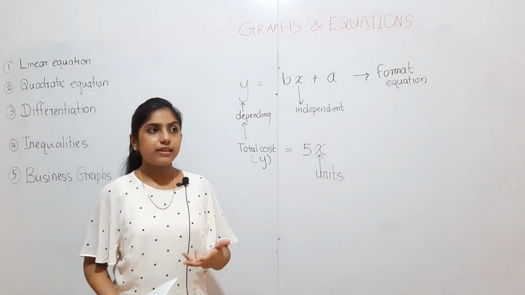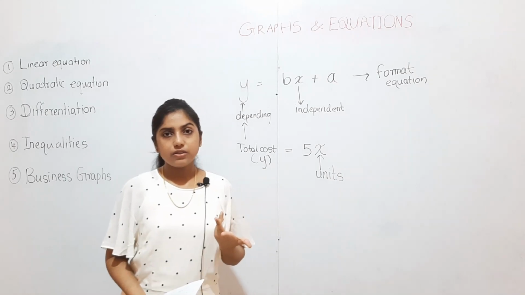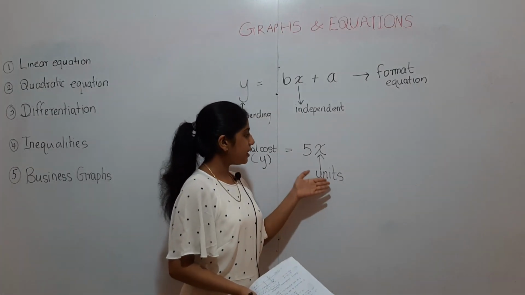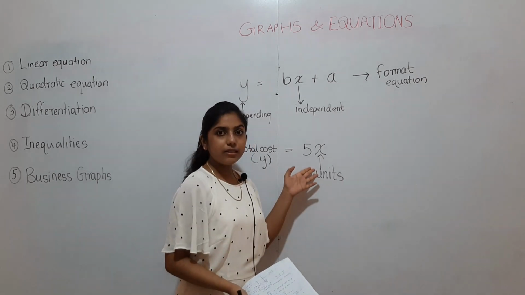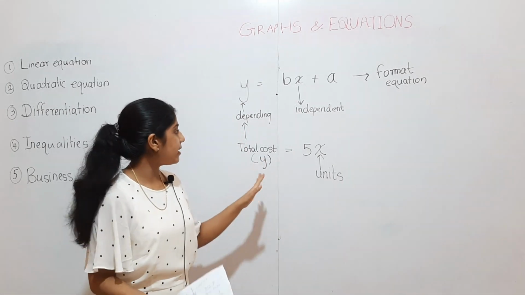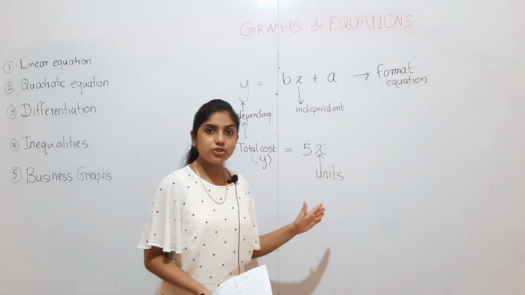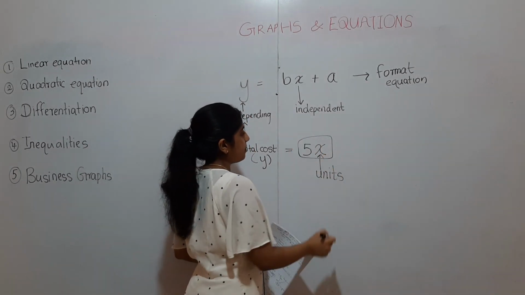It doesn't depend on the cost. Therefore, it is an independent factor. Because it is independent, our variable cost, when applied to our independent output, will change and affect the total cost. So, we must make sure that this is inserted into the formula.